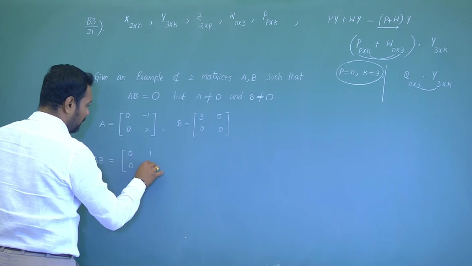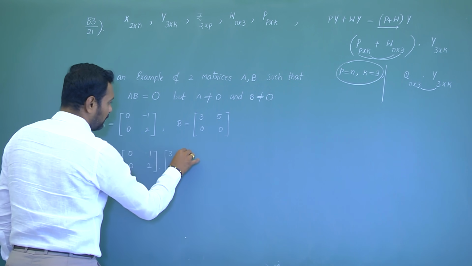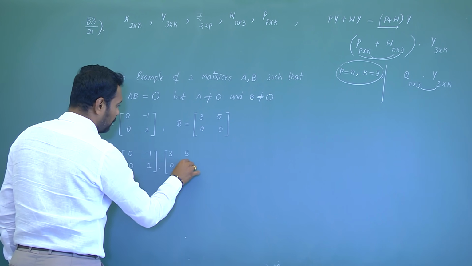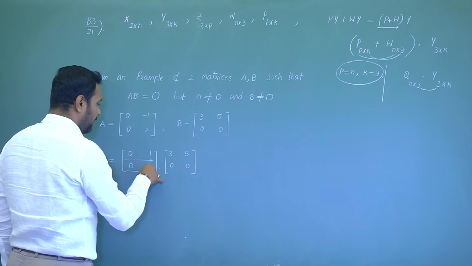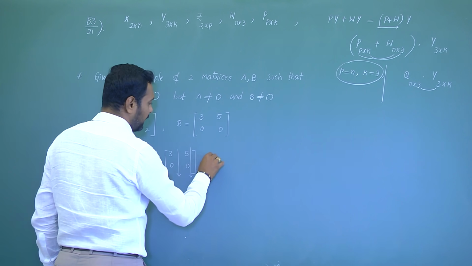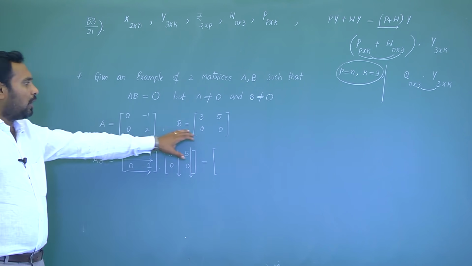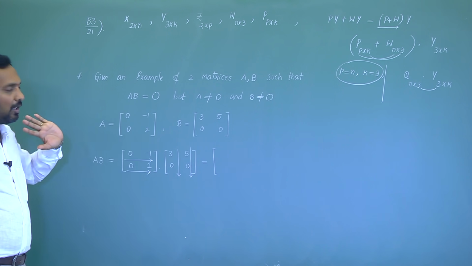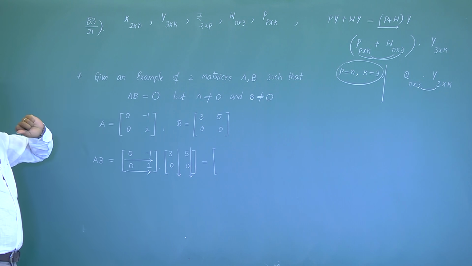Then consider their product AB: 0, minus 1, 0, 2 into 3, 5, 0, 0. For the first matrix, two horizontal lines. For the second matrix, two vertical lines. These are two non-zero matrices. Why? Because if all the elements are zeros, then it is a zero matrix.